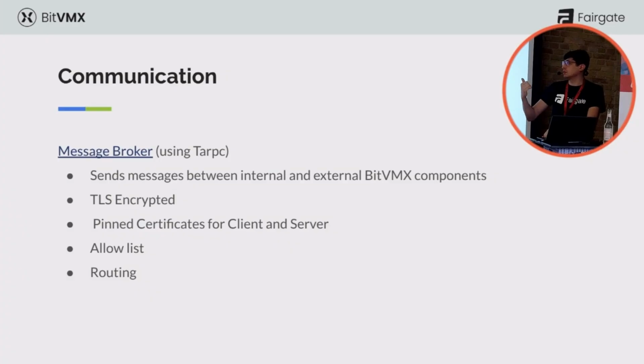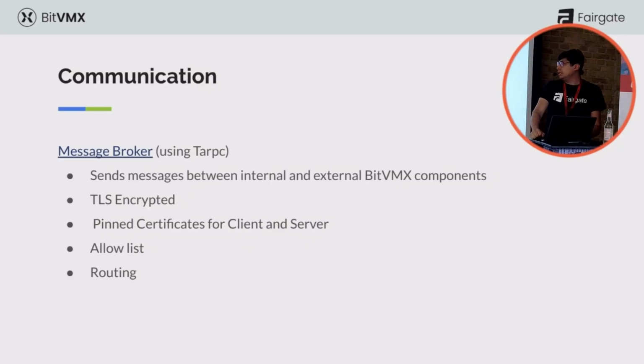The link there goes to our repository, again in the Fairgate Labs GitHub, where it's called BitBMX broker. It's an RPC implementation, sending RPC messages for Rust. Most of the things written for BitBMX are in Rust, so that's our primary coding language.